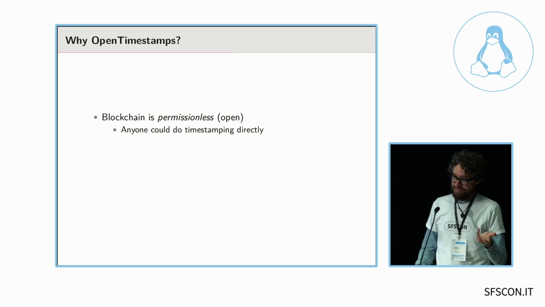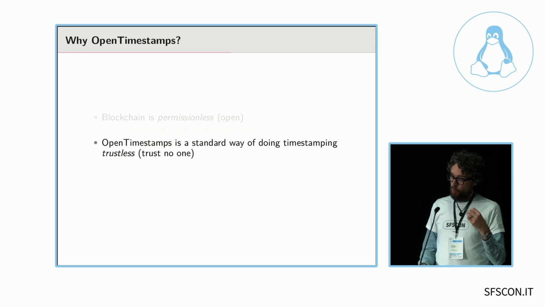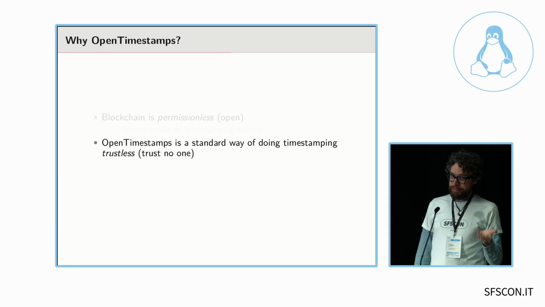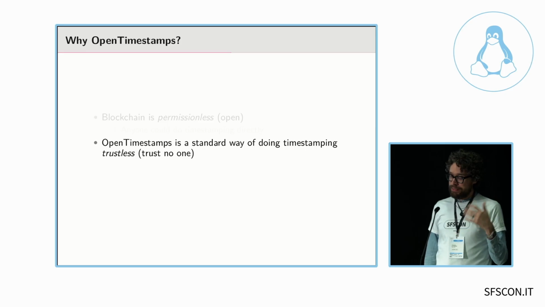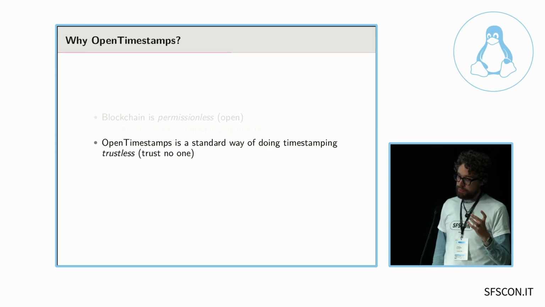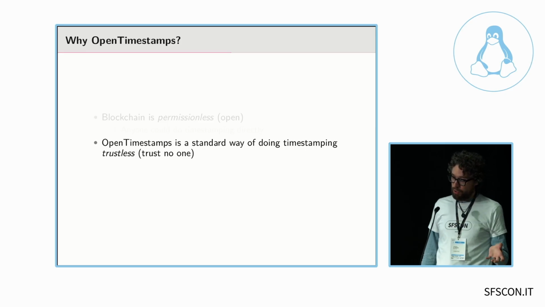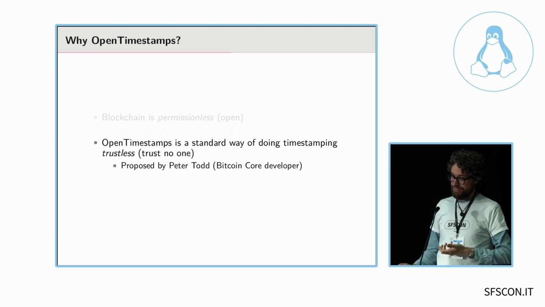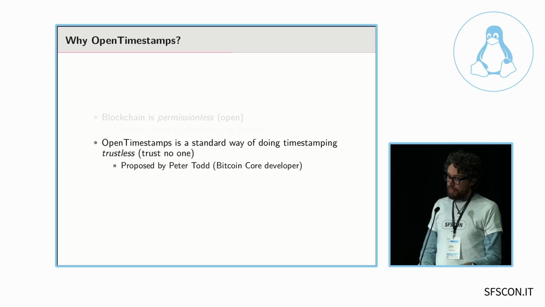But why do that when you have a standard way of doing timestamping in a trustless mode? Trustless because you don't need to trust anybody; on how it works, anybody can check it.